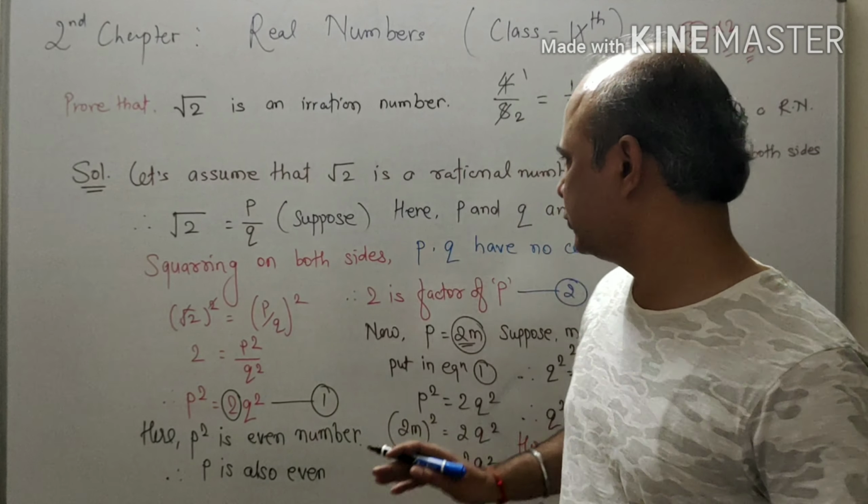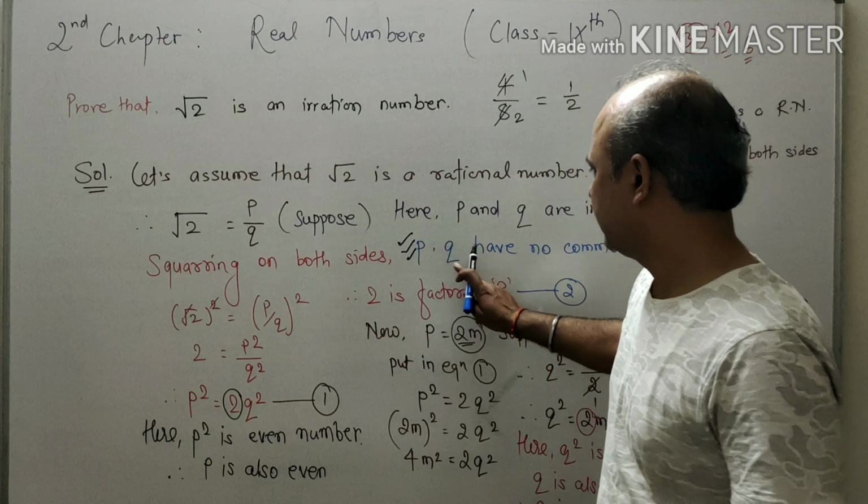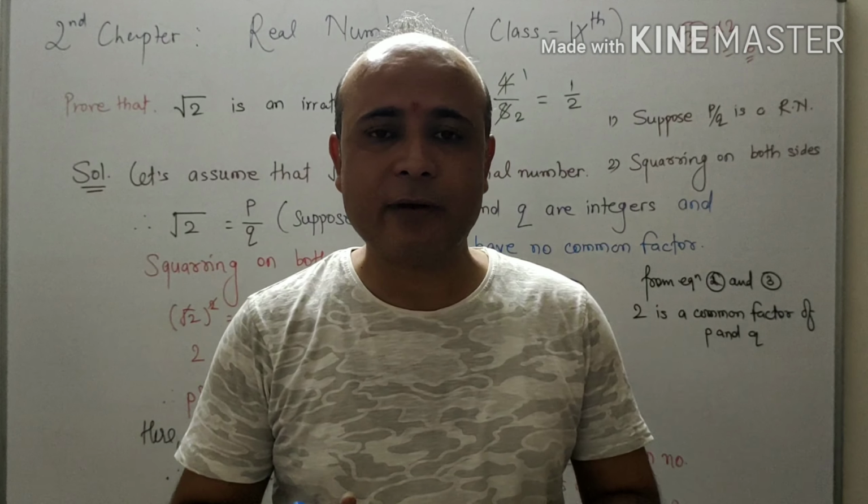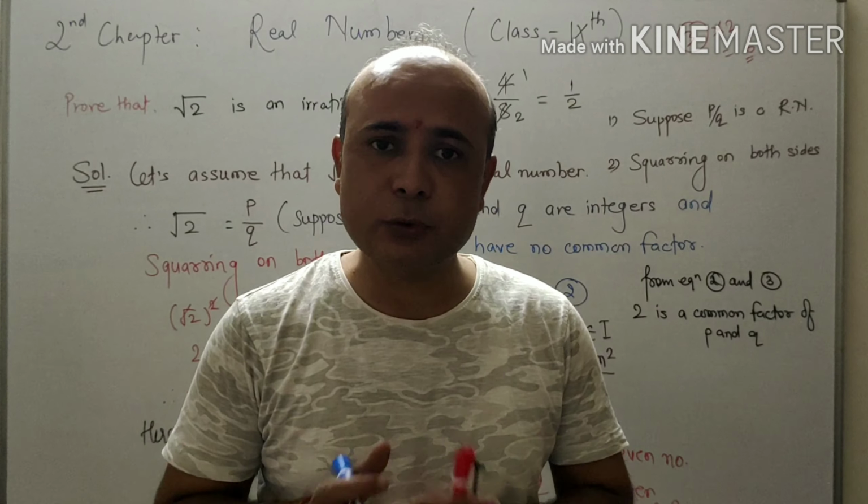And we have already assumed that our assumption is p, q have no common factor. Here we are getting the common factor of p and q as 2.